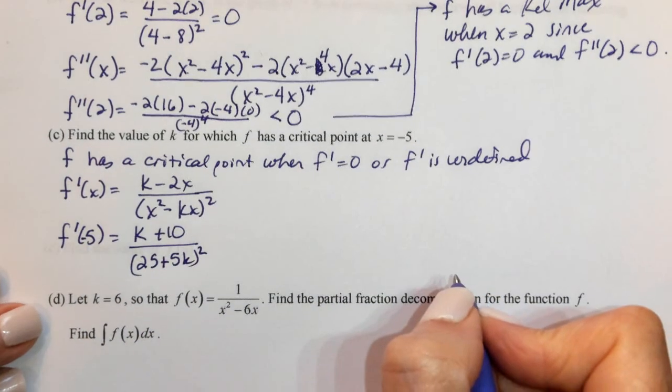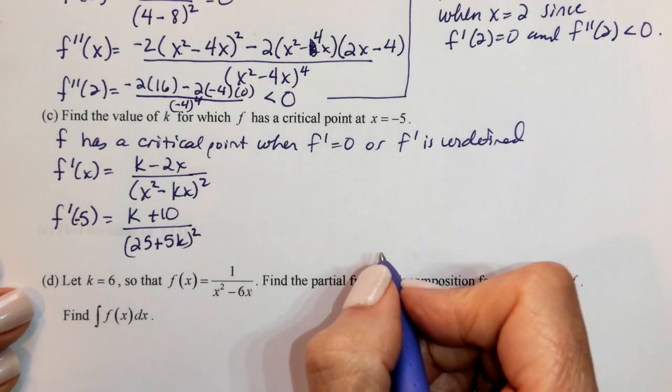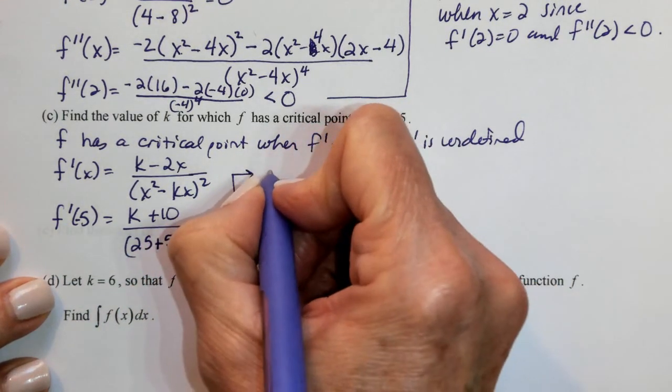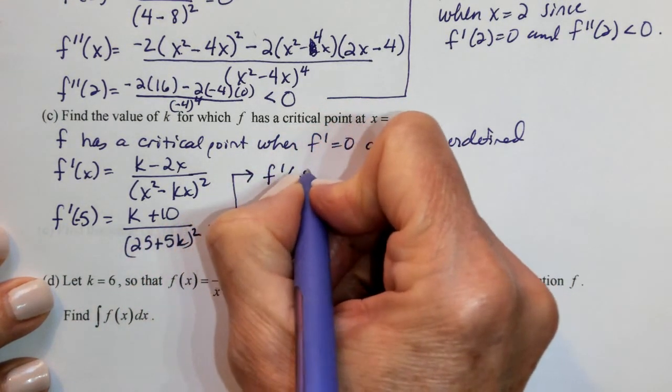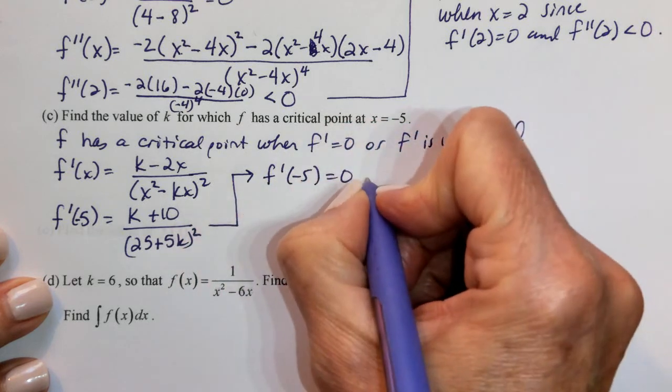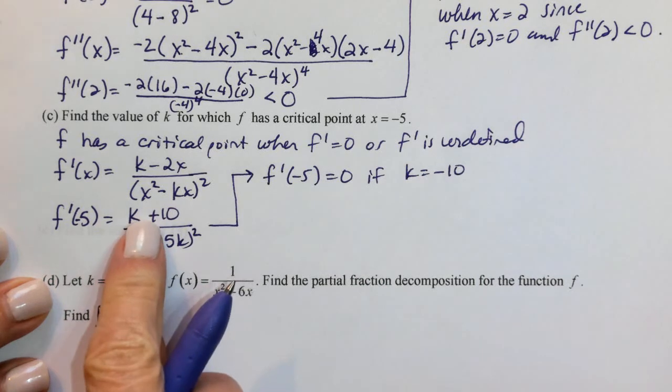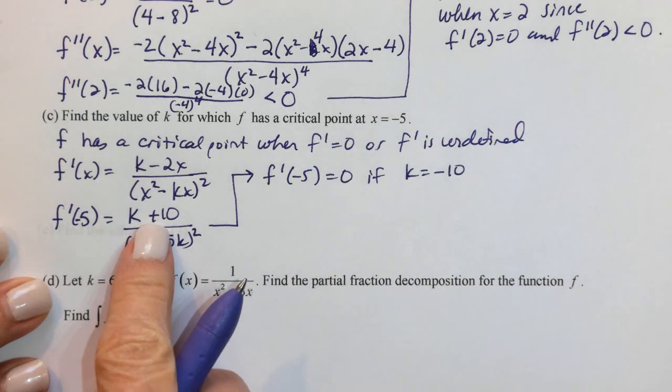That's f prime at negative 5. All right? F prime at negative 5 equals 0 if k is negative 10. That's just the numerator is negative 10, right?